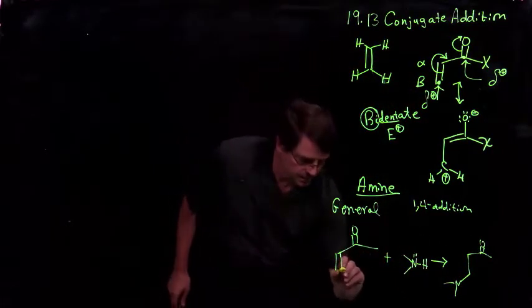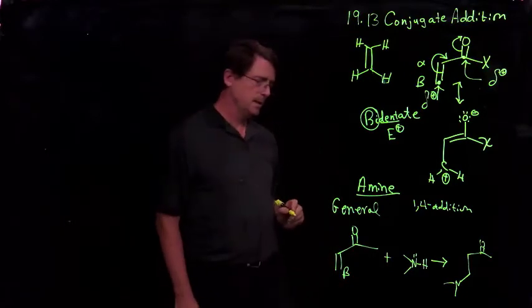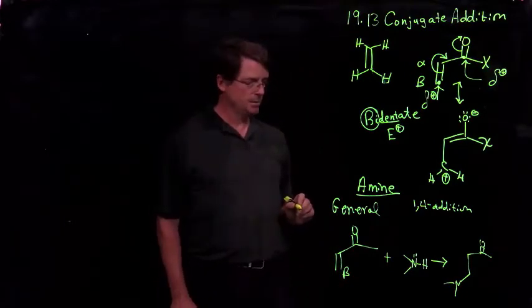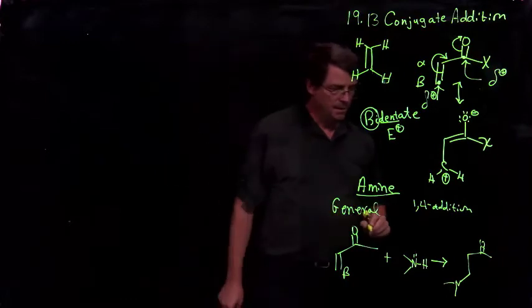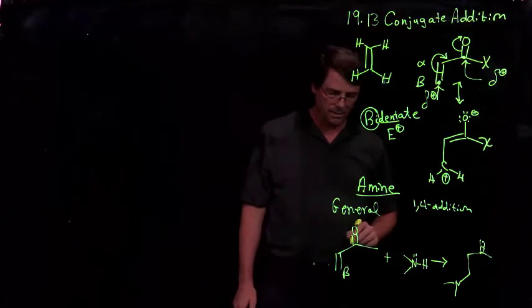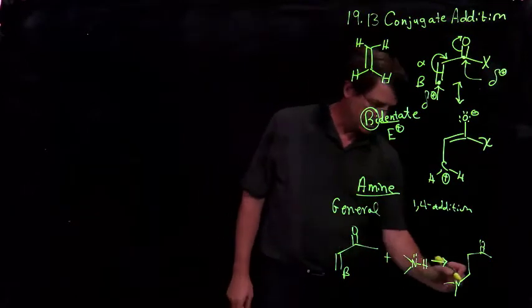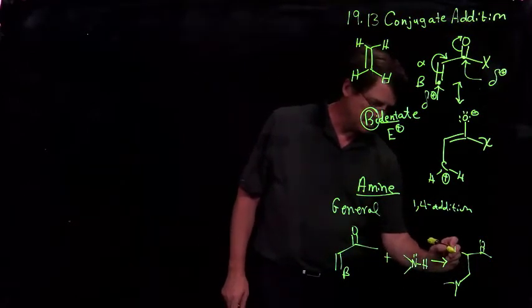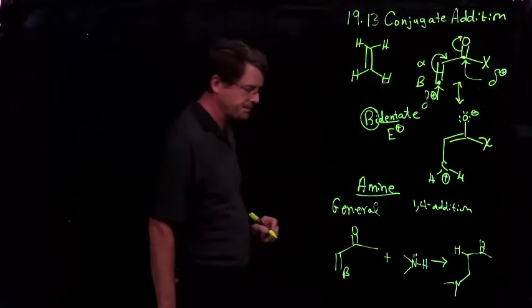So again, here's our beta carbon, and our amine has added to the beta carbon. Now, how does this occur, and why do we call it a 1,4 addition when it looks like the nitrogen is added there and the hydrogen is added here?